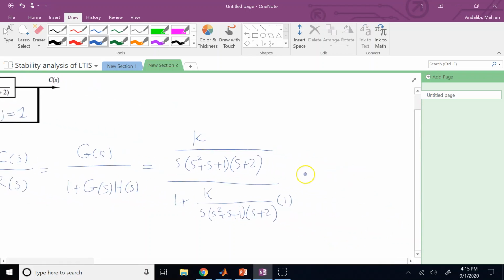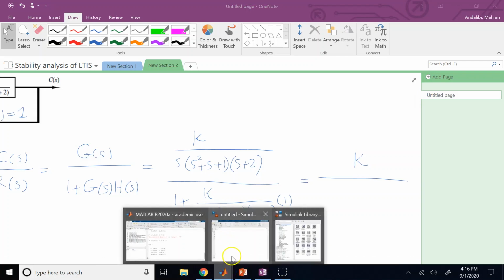And if I simplify, I will get k over, so here I have to multiply all this together and then add k to it. To do that, I can use MATLAB. I multiply s by (s plus 2), which is s squared plus 2s, and then multiply by the other polynomial to find the resulting polynomial.